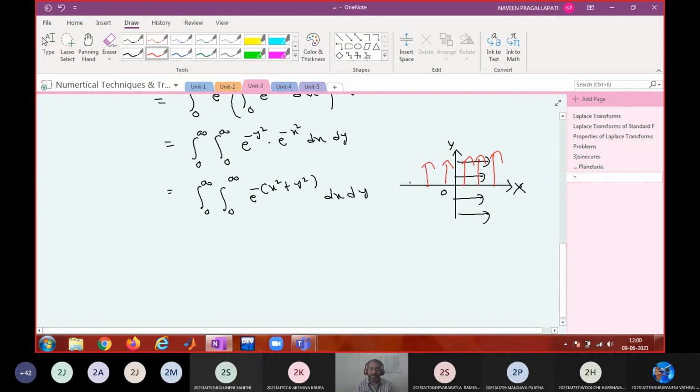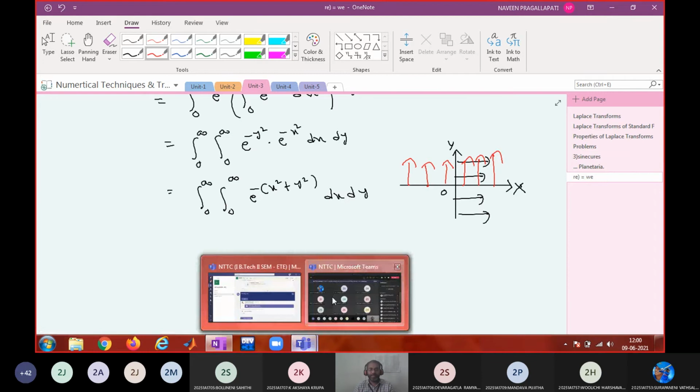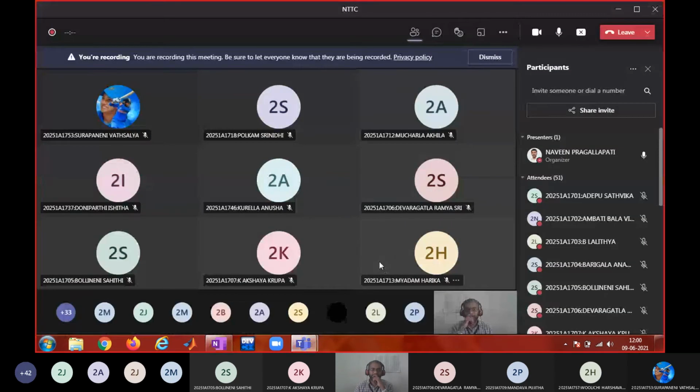So what is the common intersection? Did you learn multiple integrals or not? What is the region of integration? Are you listening?